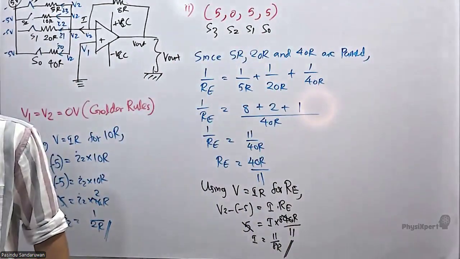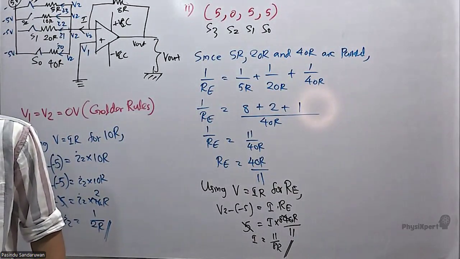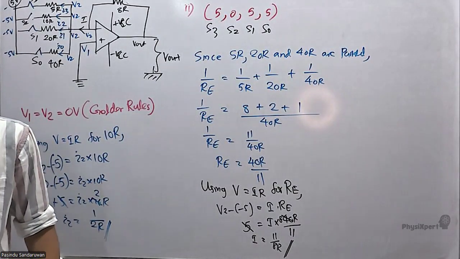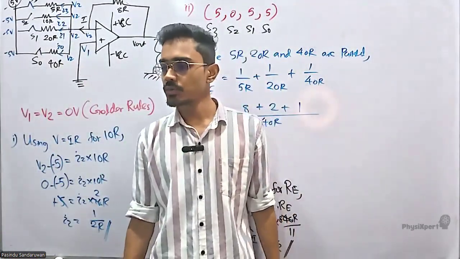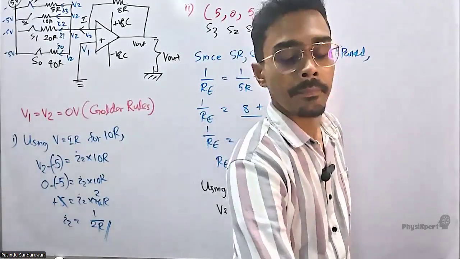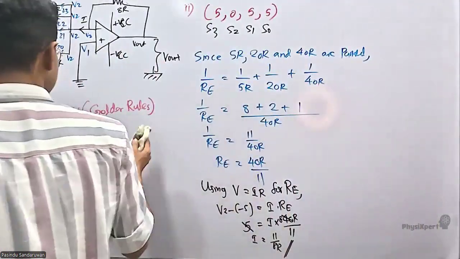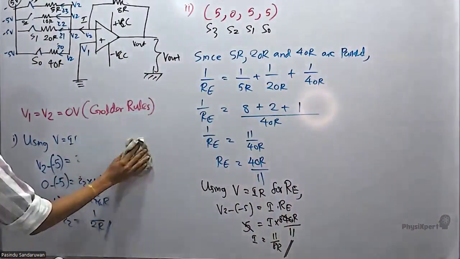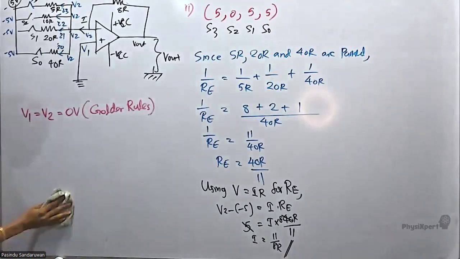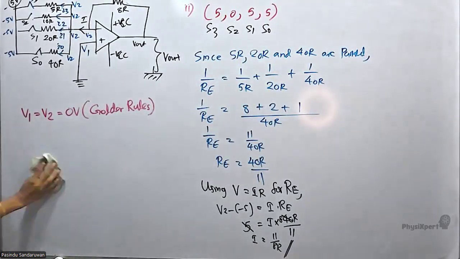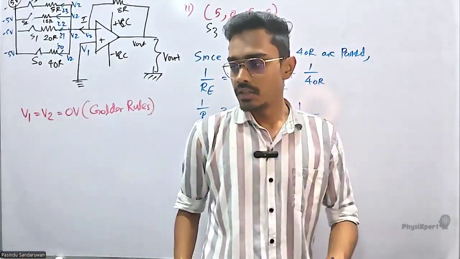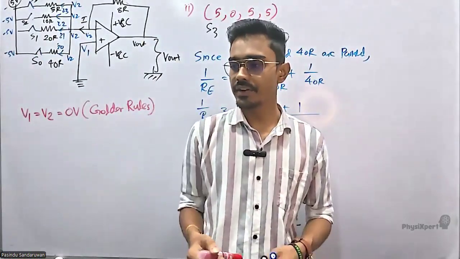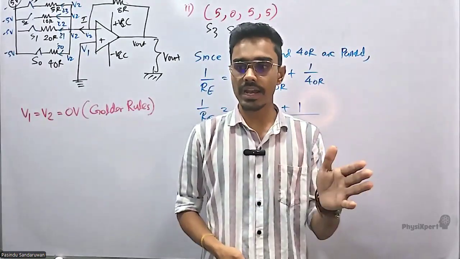Part 3. It says calculate the output voltage V out when a set of voltages 5 volts, 5 volts, 5 volts, 5 volts is applied simultaneously to operate switches. Okay. I'll be erasing this. Now what's the set of voltage? 5, 5, 5, 5, which means all are at 5, all are high.